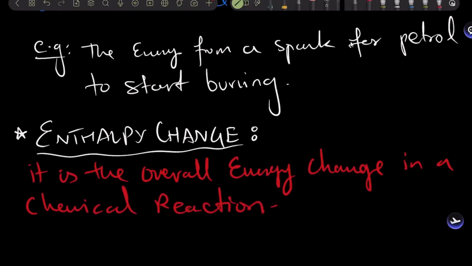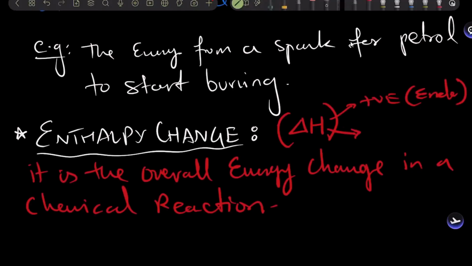And the symbol for enthalpy change is delta H. You need to remember that enthalpy changes can be positive or negative. That depends on the nature of the reaction. If the reaction is endothermic, this delta H would always be positive, right? And this delta H would always be negative if the reaction was exothermic. We've learned this previously.